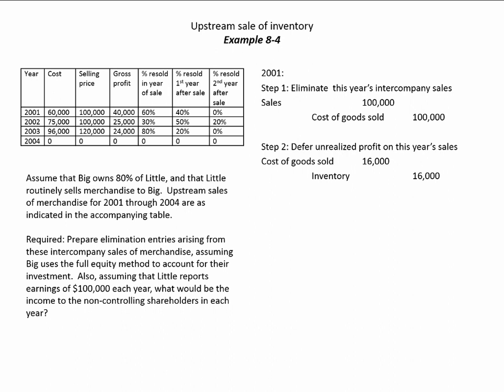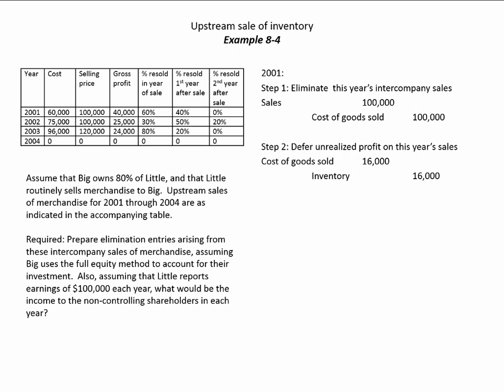Just looking at these numbers a little bit more closely. Again, in 2001, the goods were sold upstream for $100,000. The cost of that merchandise was $60,000. So the cost as a percentage of selling price was 60%. Of the $100,000 in merchandise, 40% is still on hand at the end of the year. So 40% of $100,000 would be $40,000.